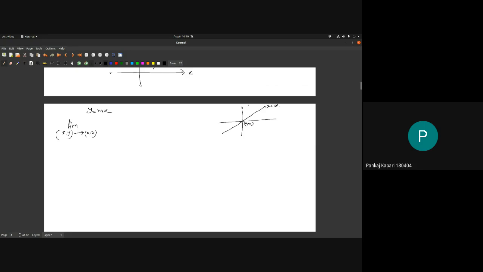We can have y equal to 2x. So these are lines. We have to calculate the limit when (x, y) approaches (0, 0), the origin. So we will choose paths which pass through (0, 0). We are choosing these paths to be straight lines, and there are lots of straight lines. In general, we will choose y equal to mx, and we'll show that the limiting value depends on the value of m. That means if you change the value of m, then the limit will change for this given function.